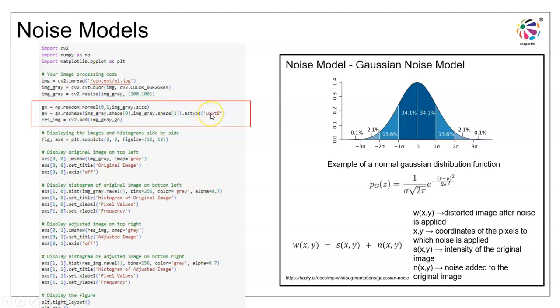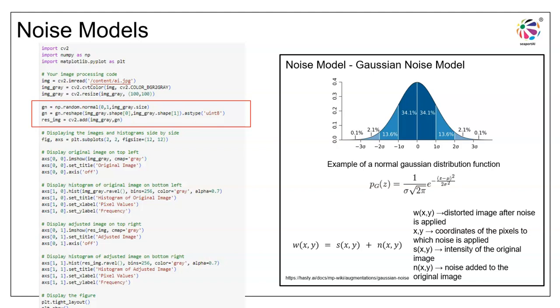The second line that you see here helps to reshape the one-dimensional Gaussian noise array GN into the same shape as the image img_gray. So if img_gray is a 100 by 100 pixel image, GN will become a 100 by 100 matrix where each element represents noise for a corresponding pixel in img_gray.